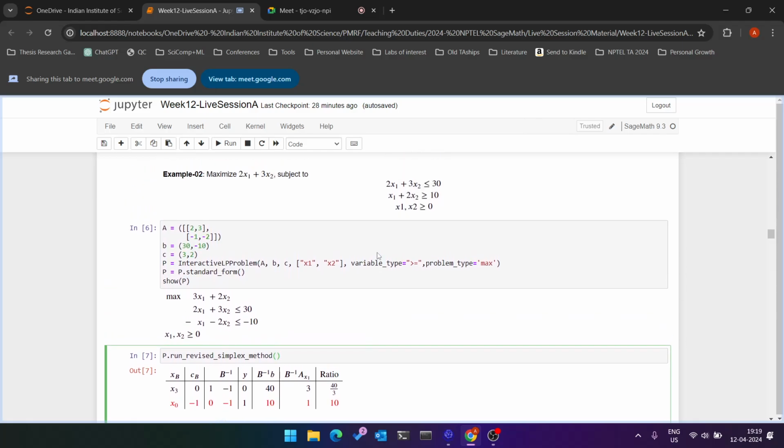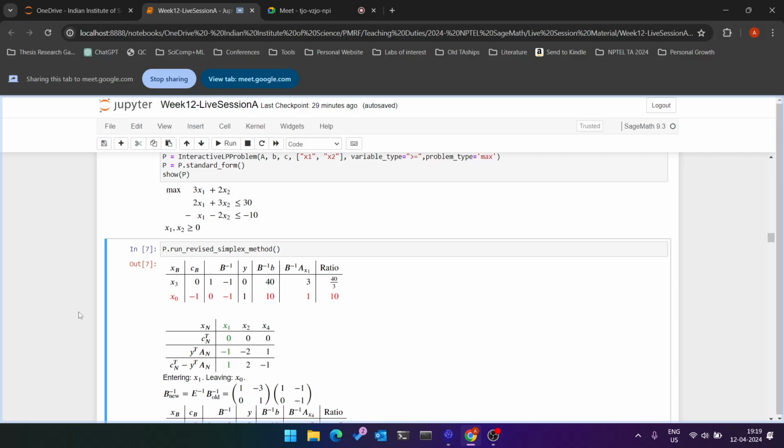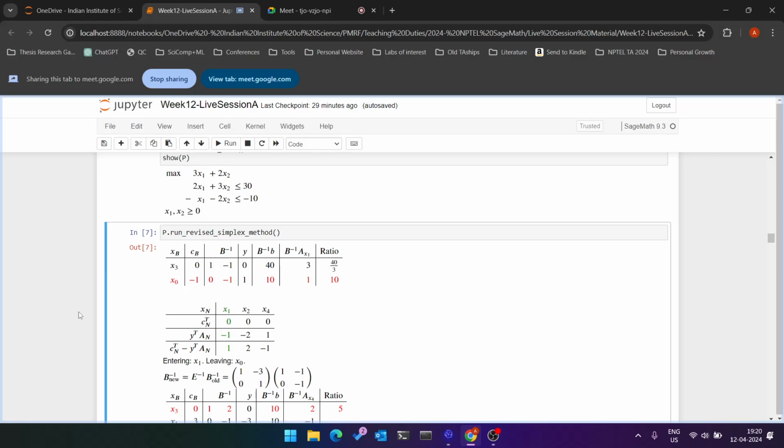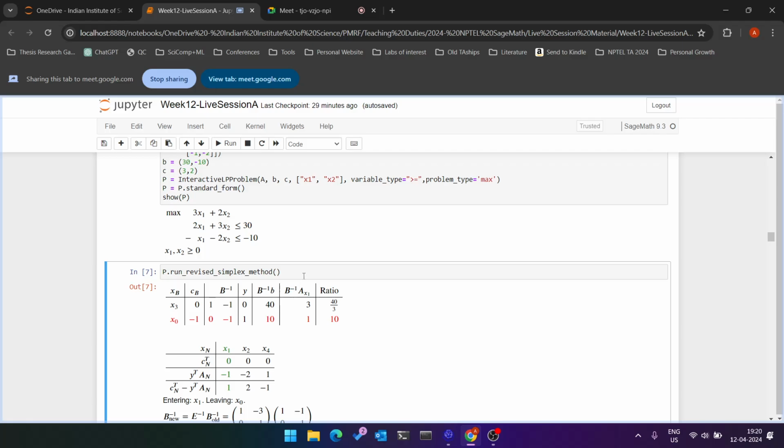And the objective function has non-zero coefficients corresponding to the non-basic variables. So with that in mind, we run the revised simplex method.